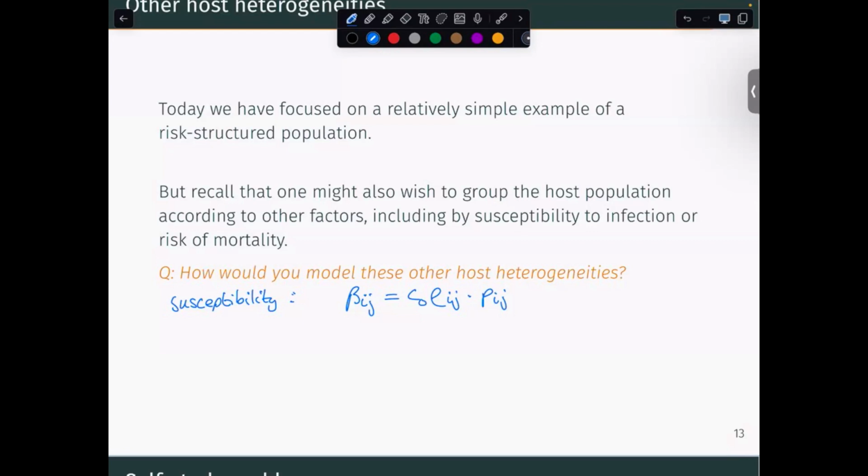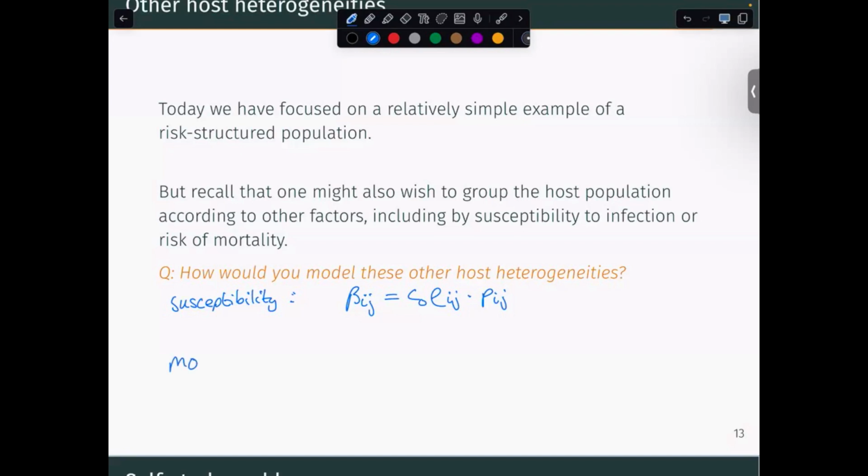This might, for example, be due to differences in practices. Again, if we think about sexually transmitted infections, just a little bit easier, individuals might be high risk because they don't use condoms. So you might be able to stratify the population according to some behavioral characteristics like that.